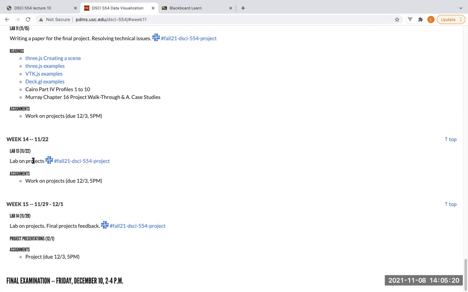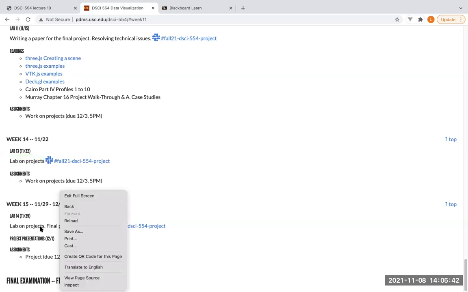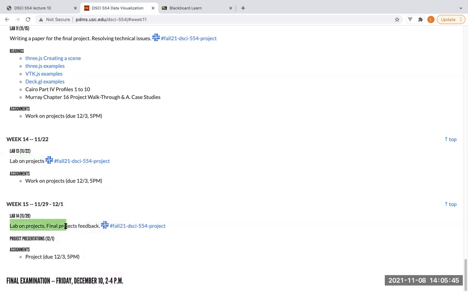So hopefully at this point you have something working in terms of the dashboard, with placeholders for the charts that you didn't have time to get in, and you have a little bit more than a week to finish it up.